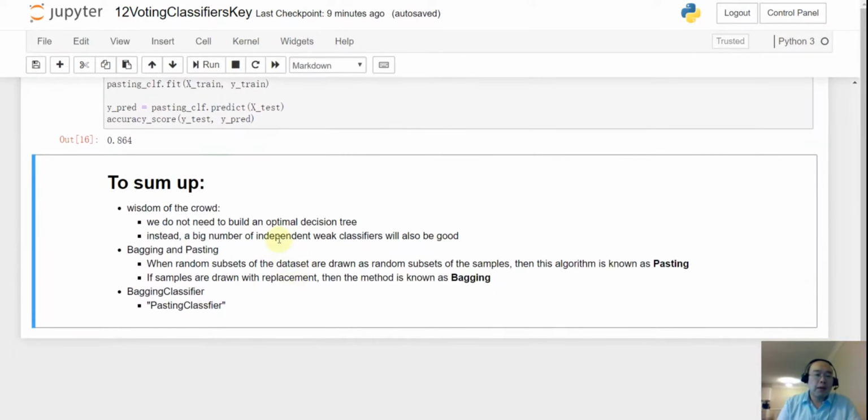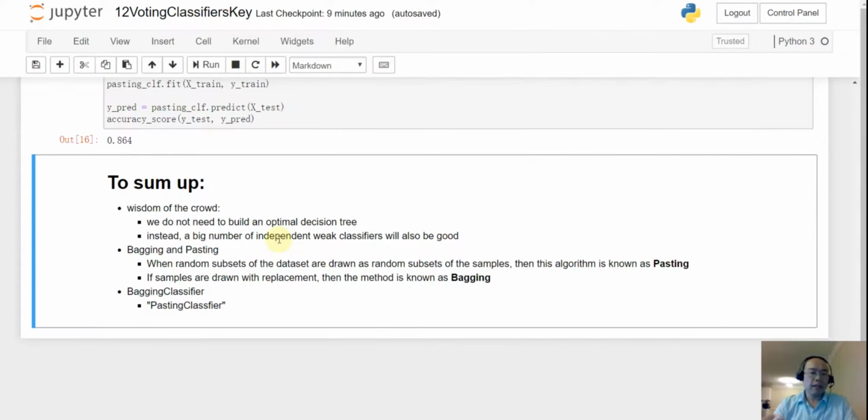Okay, to sum up, in this lecture we talked about voting classifiers, and the basic idea is we want to make use of the wisdom of the crowd. One way is to create a bunch of different classifiers. However, there's a limit.